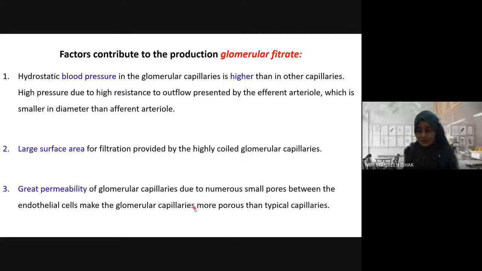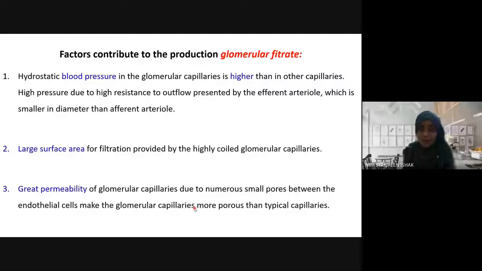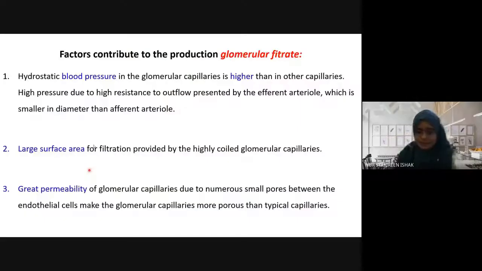Okay. So selalunya soalan exam akan tanya, okay, what is the characteristics of the glomerulus? Okay, satu adalah it has many pores. It has numerous small pores to increase its permeability, it has large surface area, because it is highly coiled, and then presence of high hydrostatic pressure. Okay. So ini adalah antara soalan yang suka keluar lah.